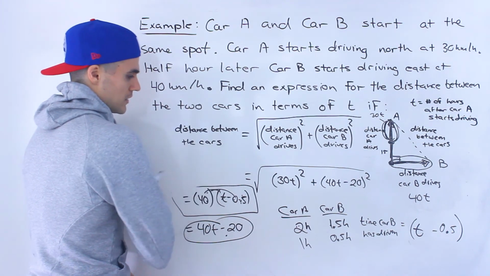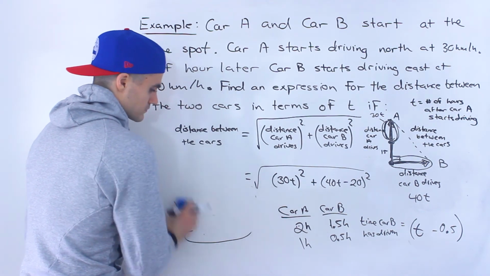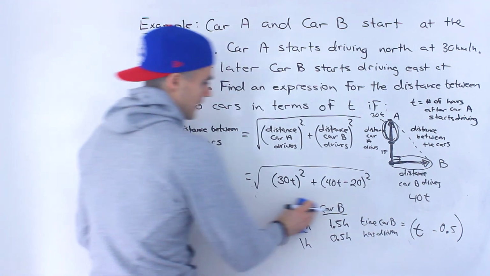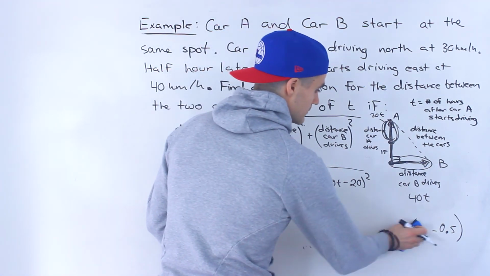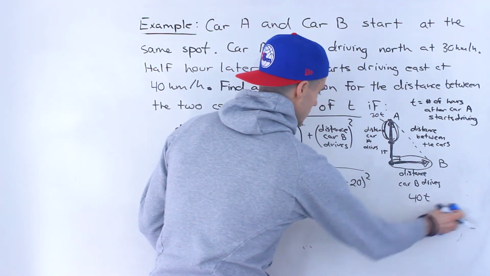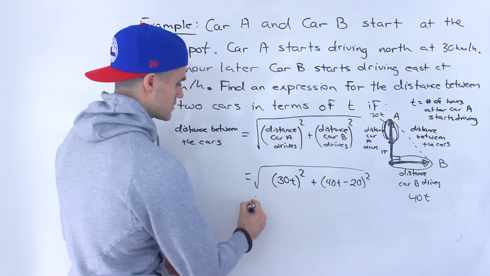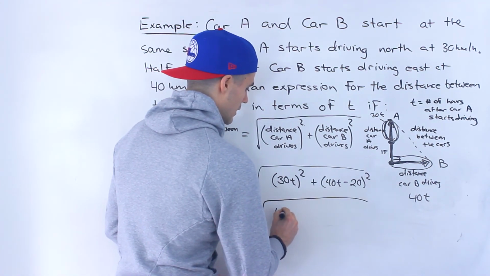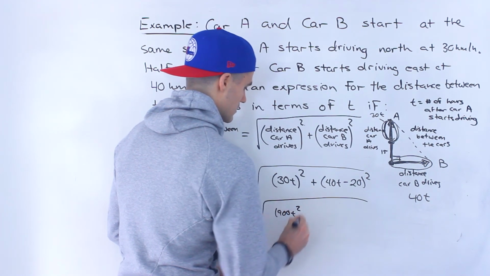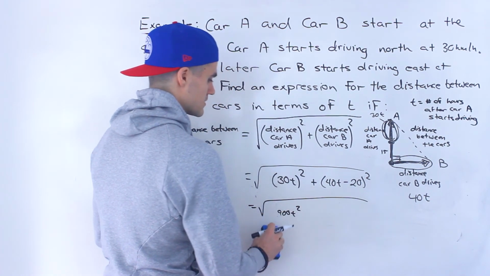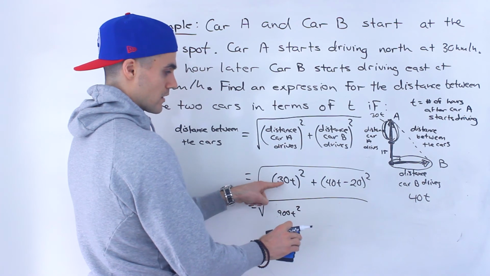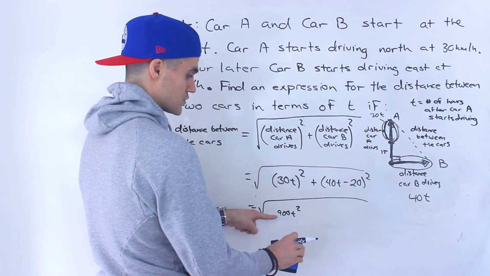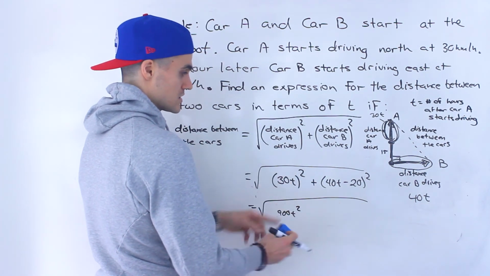And then from here, just like we did before, we basically have to expand all of this and simplify all of the like terms. So this would end up being the square root of 900 t squared. 30 to the power of 2 is 900, t to the power of 2 is t squared.